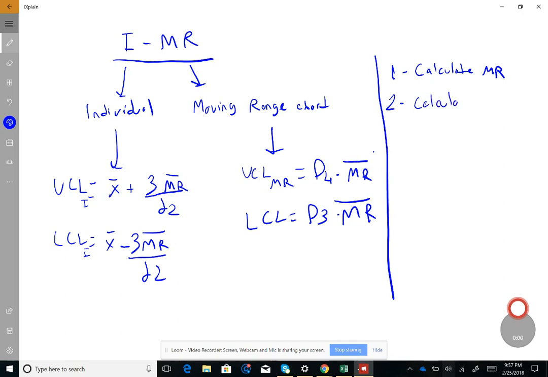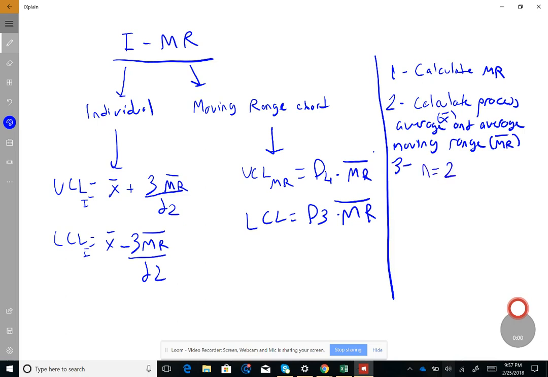The average moving range is equal to MR bar. And the process average was what? It's X bar.